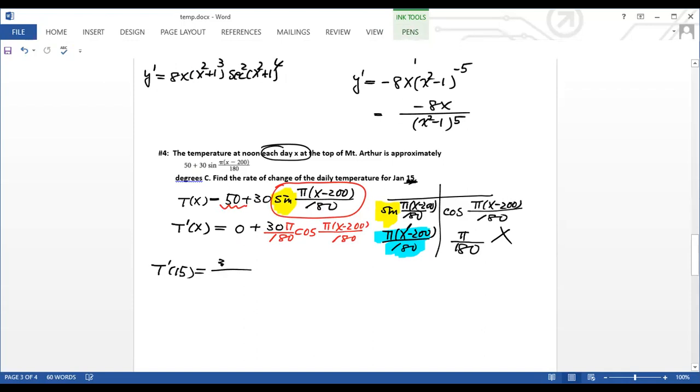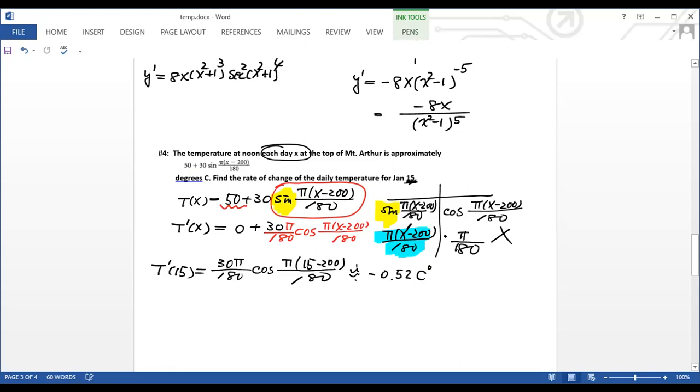So it will just be 30 pi over 180 times cosine of pi times 15 minus 200 over 180. All right, then you can plug into the calculator and you will get about negative 0.52 degrees C per day on that day, right?